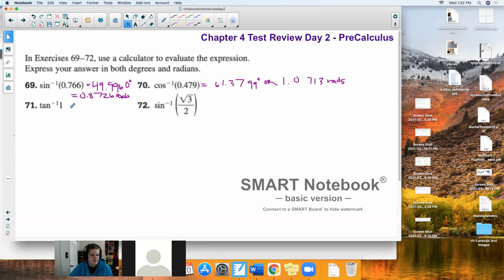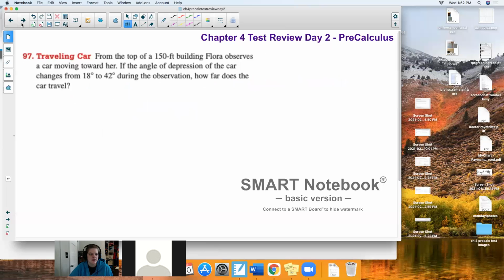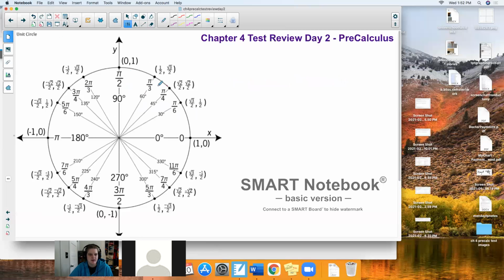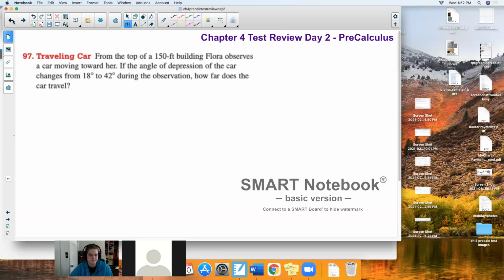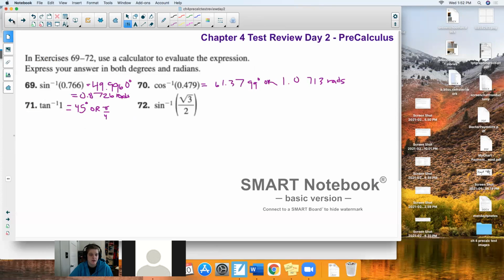Okay, tangent inverse of 1. Tangent inverse of 1 is 45. And 45 in radians is actually something we can do, so pi over 4. And again, you can check on here, 45, pi over 4. Or you can convert them.